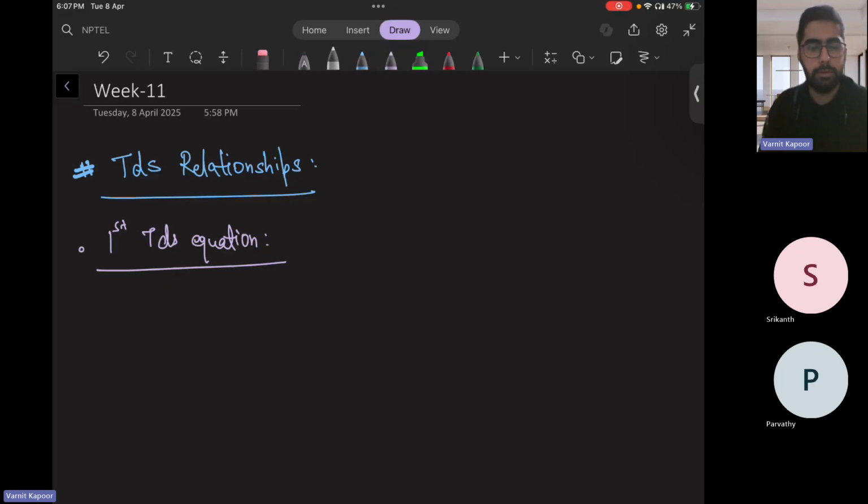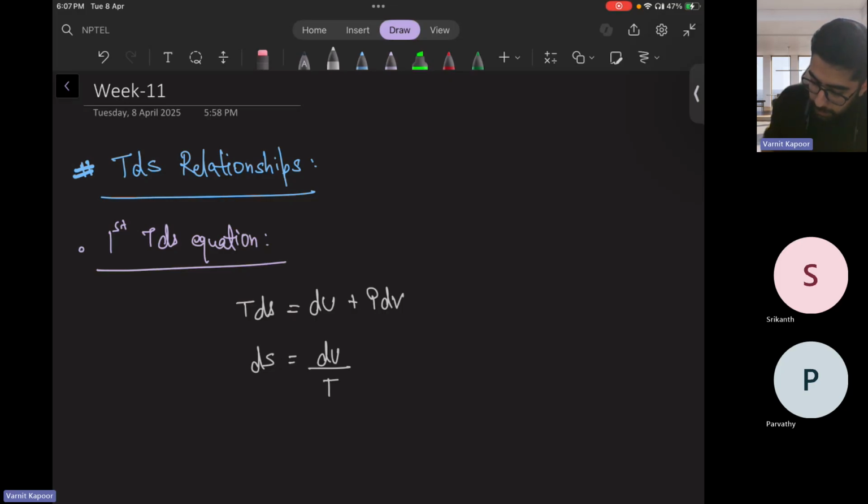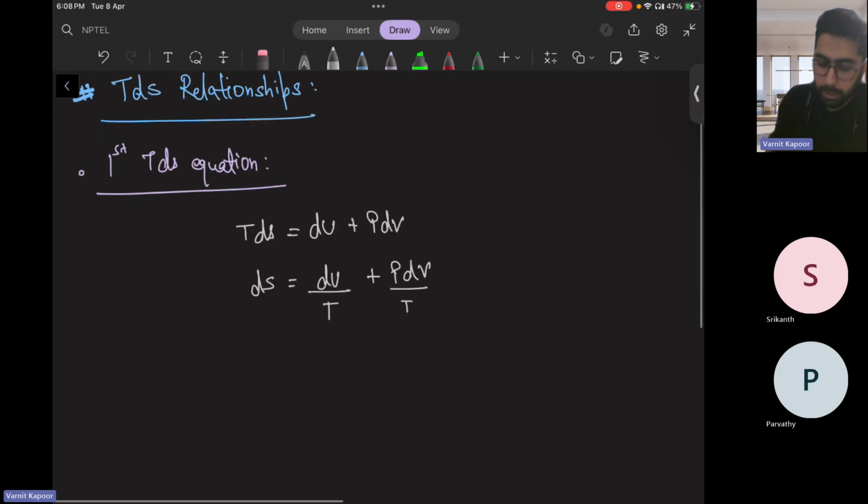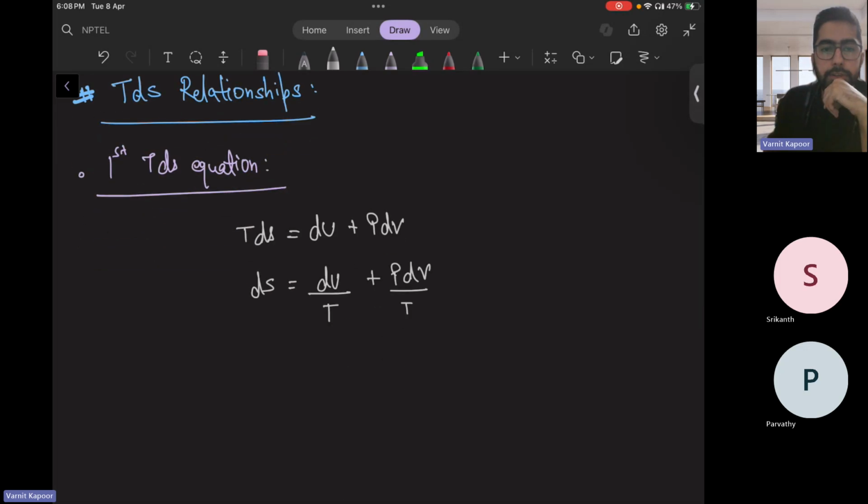So our first TDS equation was TdS is equal to du plus PdV. So ds can be written, if you transpose this T to the right-hand side, as du by T plus P dV by T. And what is du?